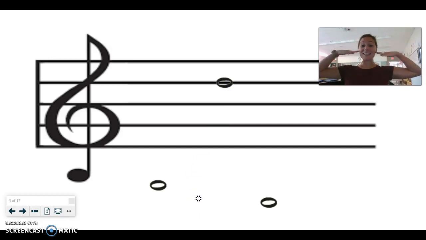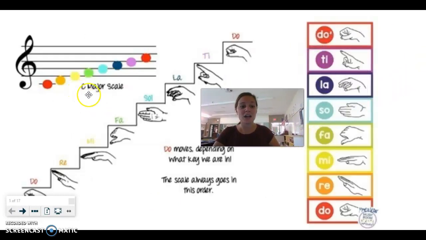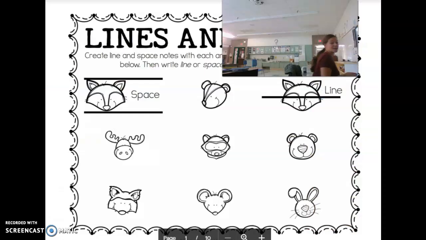Awesome, it's a line note. The line is going right through the note. So the way that our music is written on a staff goes line note, space note, line note, space note, line note, space note. Let's practice with some animals.